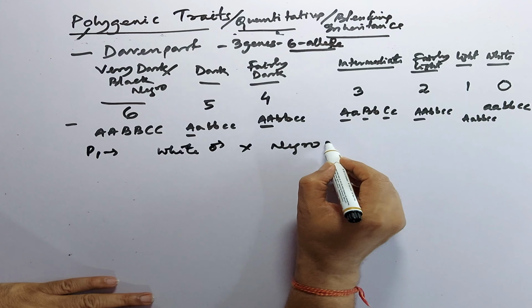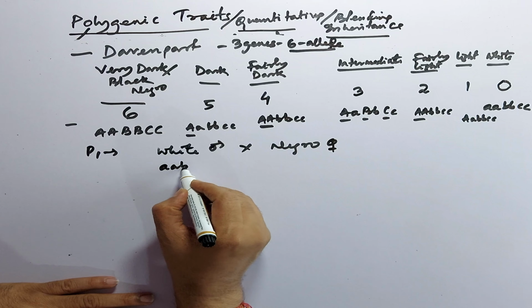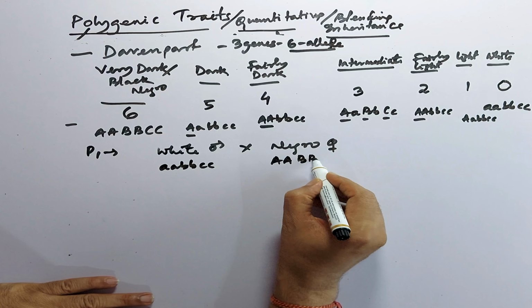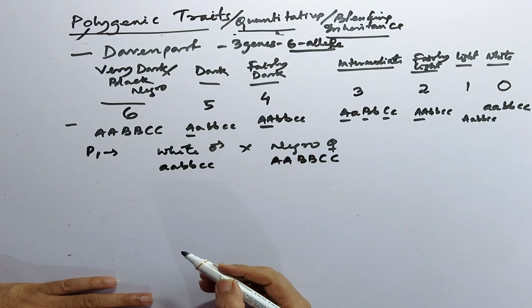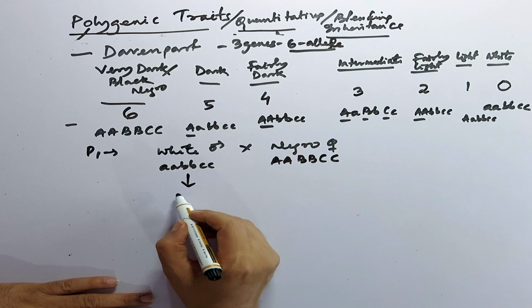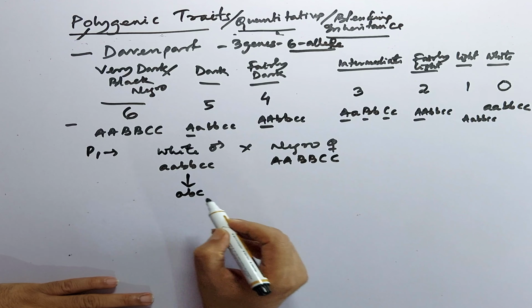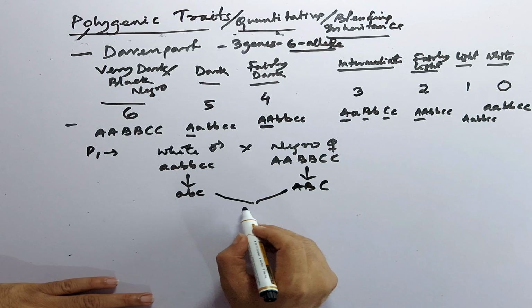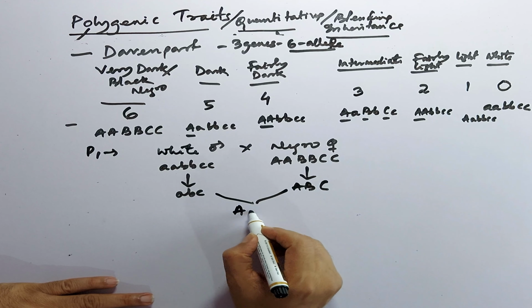So this is small a, a, b, b, c, c, and this is capital A, A, B, B, C, C. So this will give one type of gamete, small a, b, c, and this will give capital A, B, C. So when you cross this, you will get this type of combination.